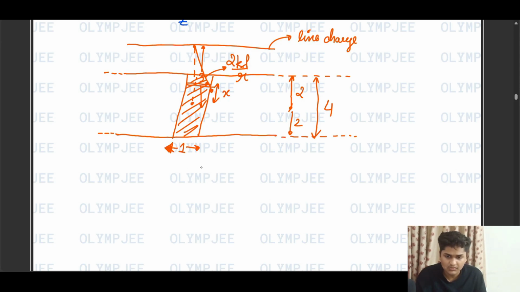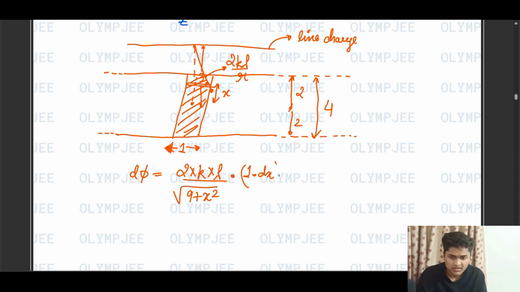So 2k lambda divided by, since this is 3 and this is x, so this distance will be given by root of 9 plus x square, multiplied by dA, which is given by 1 into dx, the width of this strip, multiplied by cos theta.